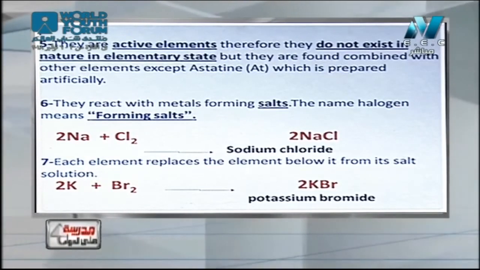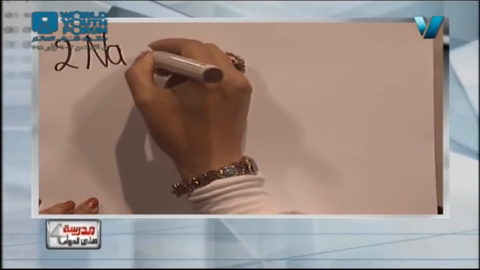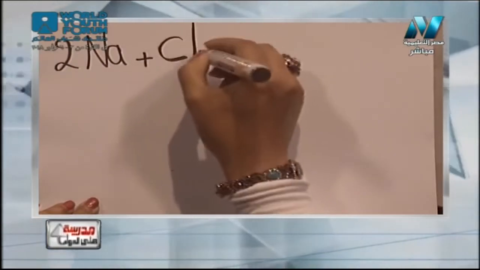Okay, let's start with this chemical equation. Sodium is a group 1A metal, and chlorine is from group 7A. By combining the metal with the halogen, it forms salt, and this is why they are called halogens. Okay, let's write the equation together. 2Na plus Cl2.